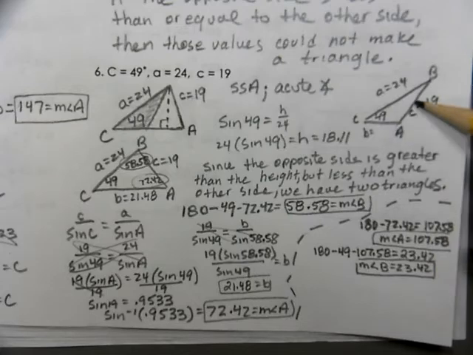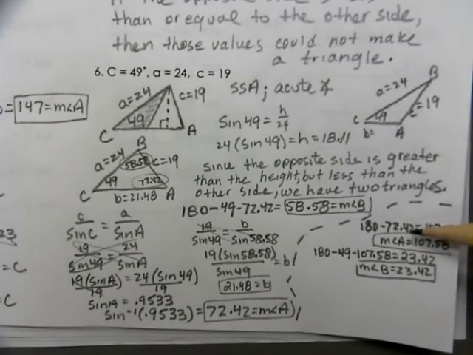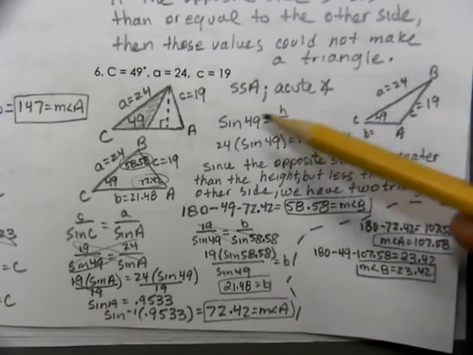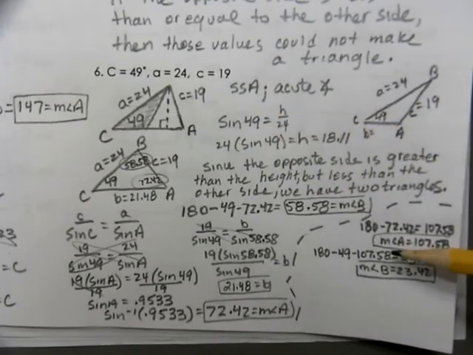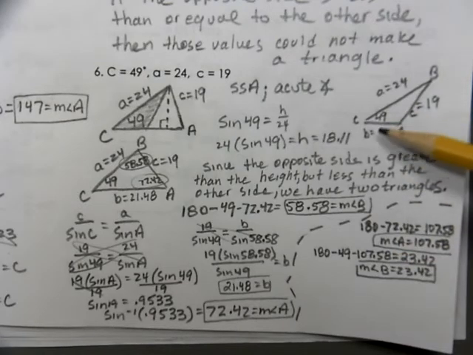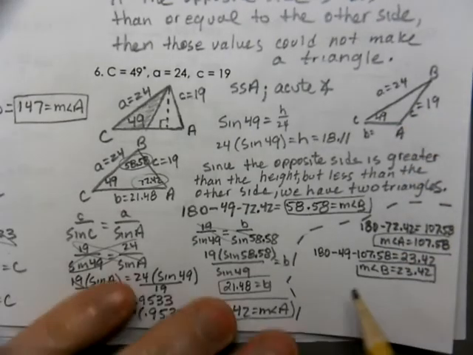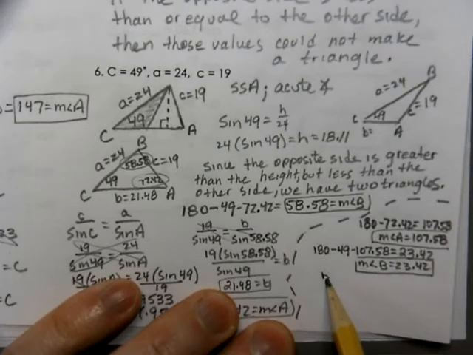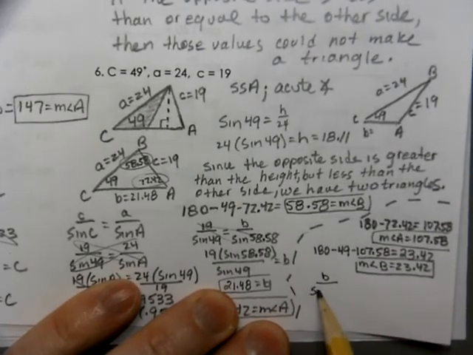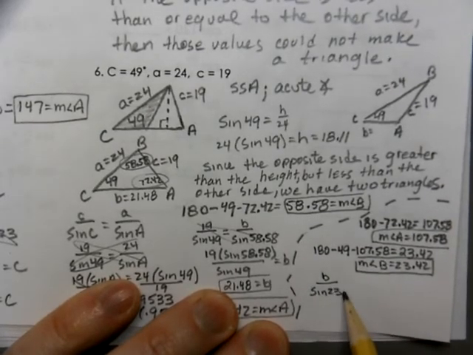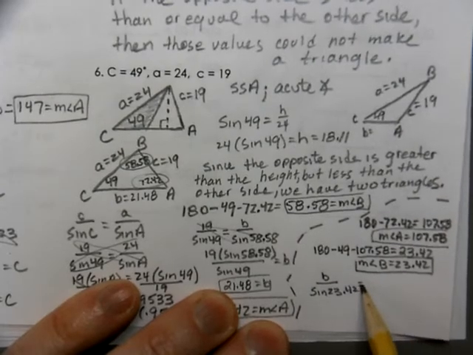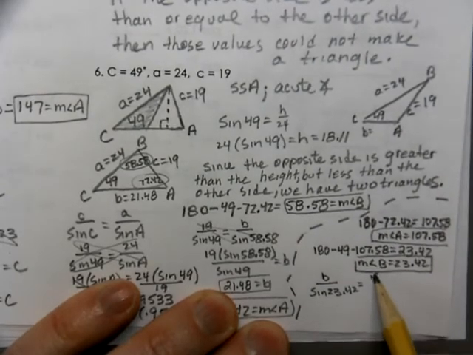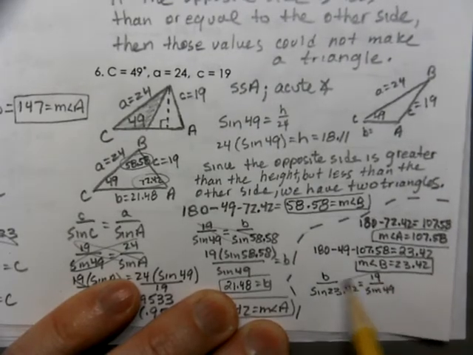So now we have the two missing angles. Notice how quick we can solve for this missing triangle, this obtuse triangle, this second triangle of our side-side-angle. Now, the only thing we have to solve for now is side B. If angle B is 23.42, we're given 19 over the sine of 49.